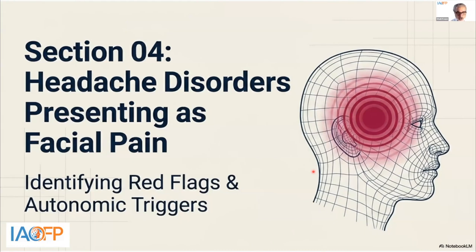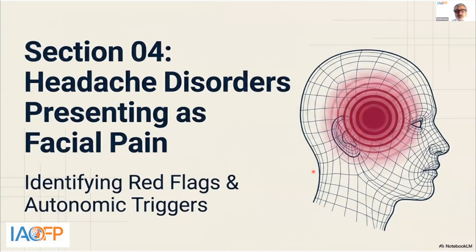They may mimic odontogenic or TMJ pain, but are neurologic in nature. Sometimes with tension headaches, cluster headaches or migraines, patients complain about teeth, and it could really sometimes be dental. So we have to recognize the pattern and the red flags when these patients come, including autonomic symptoms.